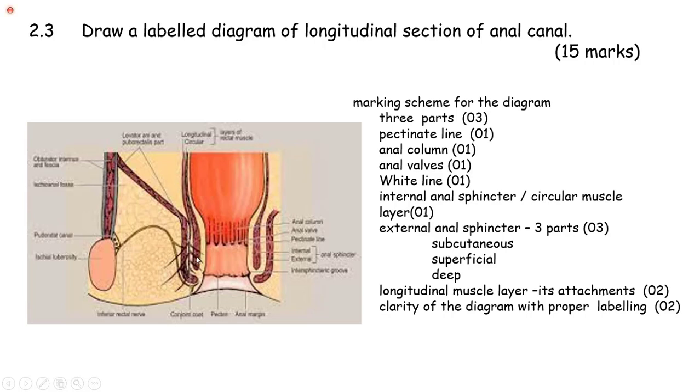You know that it comes and splits up and has several attachments. If you show that, another 2 marks. And finally, if your diagram is clear, with proper labeling, overall we offer you 2 marks. So even though you have missed 1 or 2, you can score there.